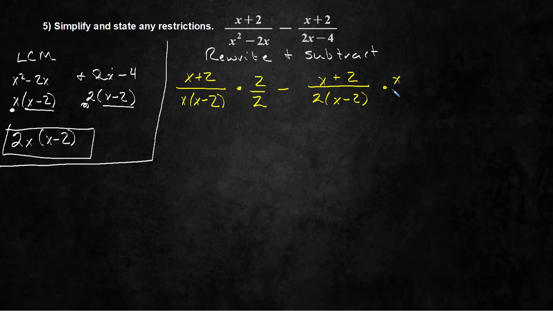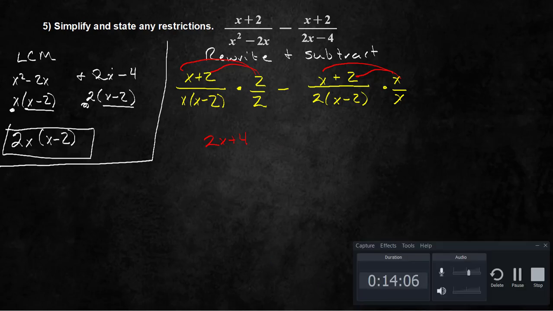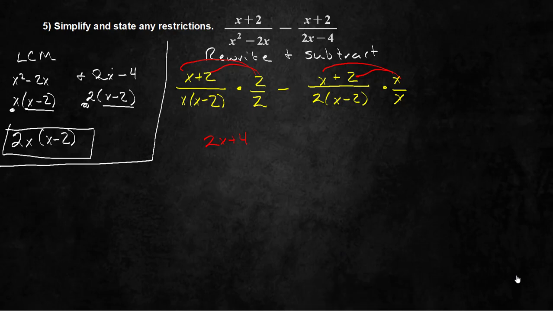What I'm missing is the x over x. And so I am going to distribute and combine in my numerator, leave my denominator factored out. And so that comes up with 2x plus 4, and when we distribute on the second one, it ends up becoming x squared plus 2x.